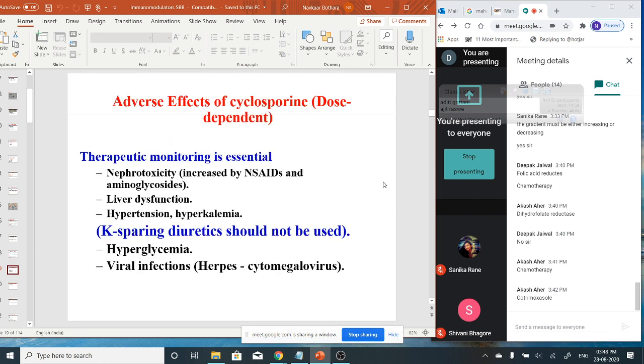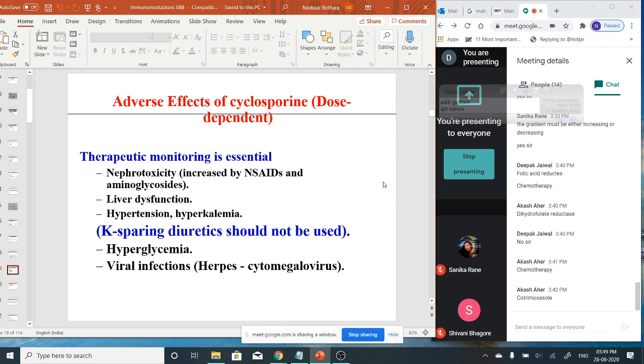ADRs are nephrotoxicity, which is increased by NSAIDs and aminoglycosides. We have already seen NSAIDs have problems with many things which affect the renal system, including diuretics. They interfere with the mechanism and therefore it has interaction with various diuretics also.